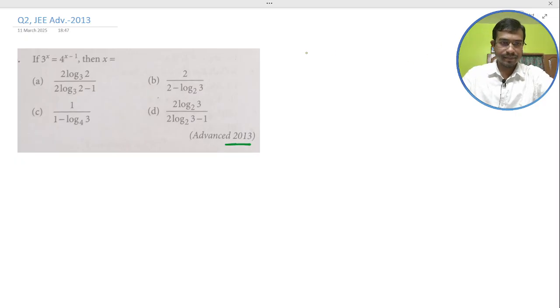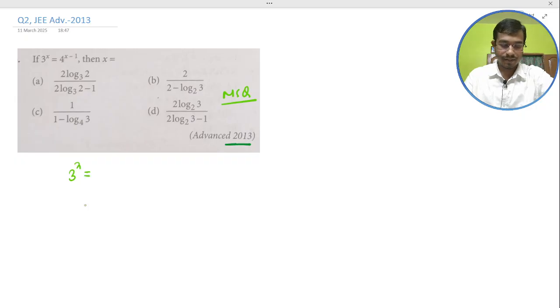Here it is given. This is, I think, an MSQ type question from JEE Advanced 2013. MSQ, multiple select question. One or more than one option may be correct.